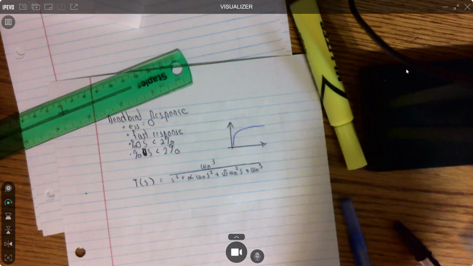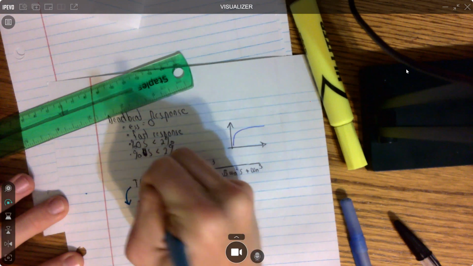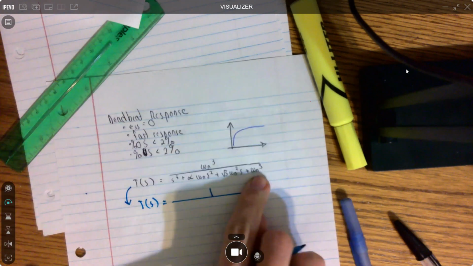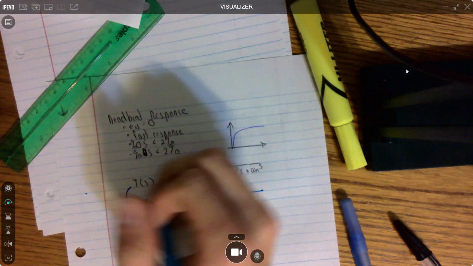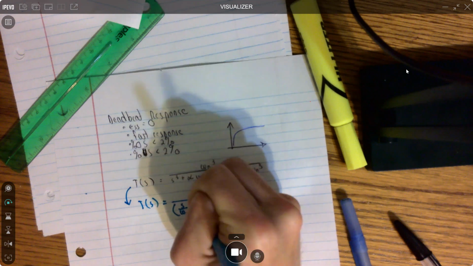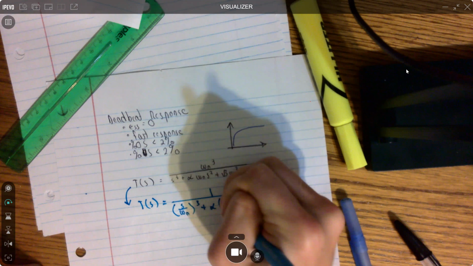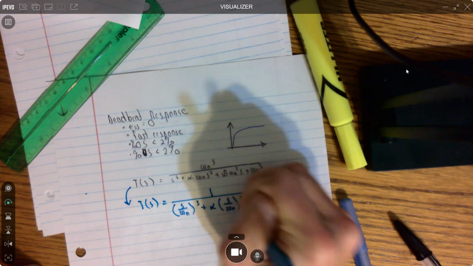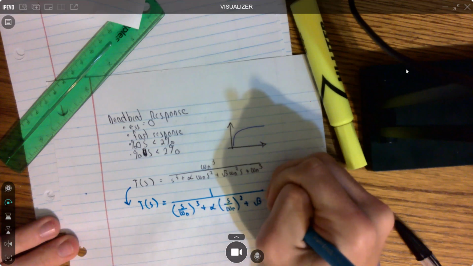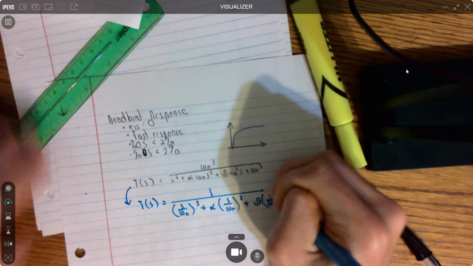If we normalize, we get T of s equal to 1 over, because you divide by omega n cubed, s over omega n cubed, plus alpha s over omega n squared, plus beta s over omega n, and then plus 1. So that is normalizing it.